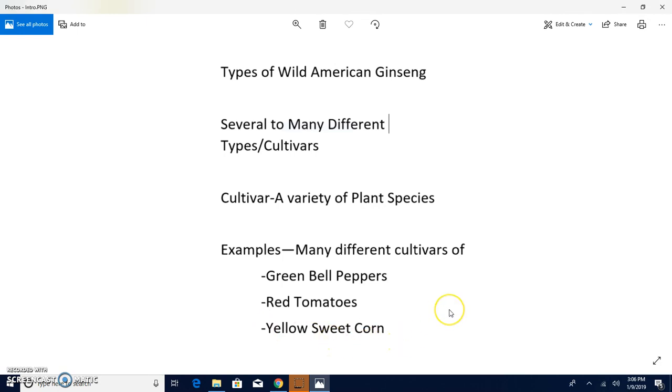Just because a plant looks the same as other plants doesn't mean that it is the same. In my opinion, there are definitely several different types of American wild ginseng, but it's all grouped together as one type.